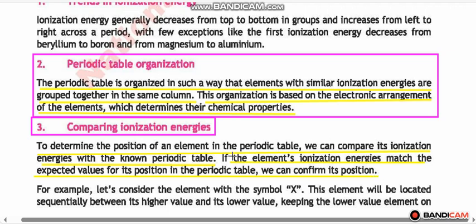For example, let's suppose that an element has ionization energy of 500, and we have a periodic table where there are spaces or locations near the 500 value. Then we can place that element in the periodic table between those elements which have a little more ionization energy than 500, and the next one that has a little lesser energy than 500 kilojoules.